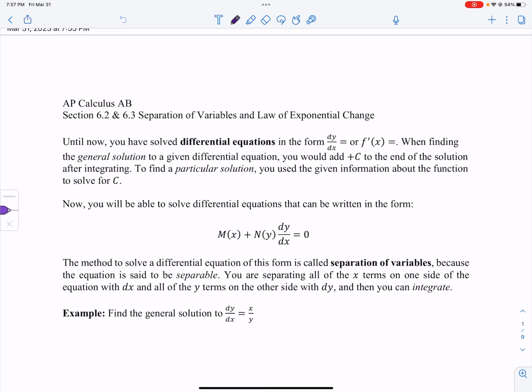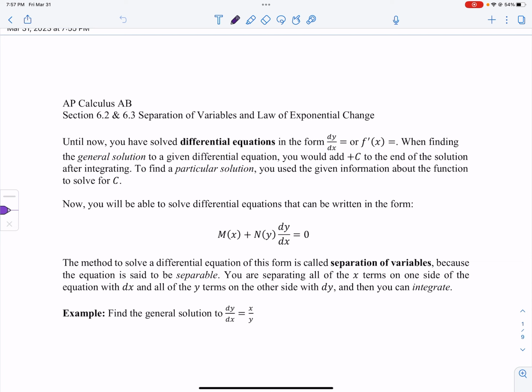of this form. So until now, we've solved differential equations that are in the form dy over dx equals a rule that's in terms of x, or f prime of x equal to a rule in terms of x. And then we've talked about how we use integration when we're solving differential equations.